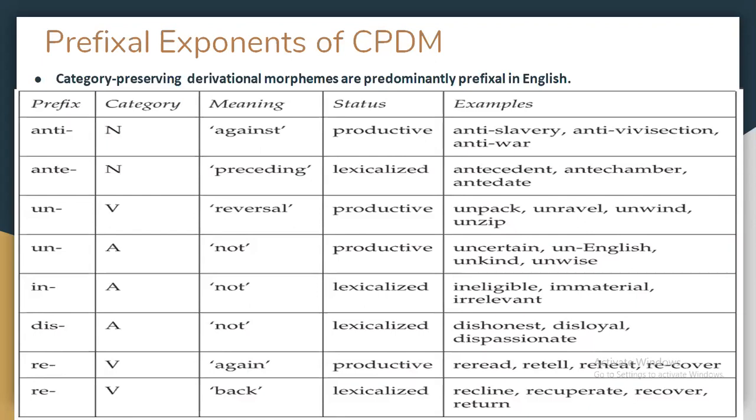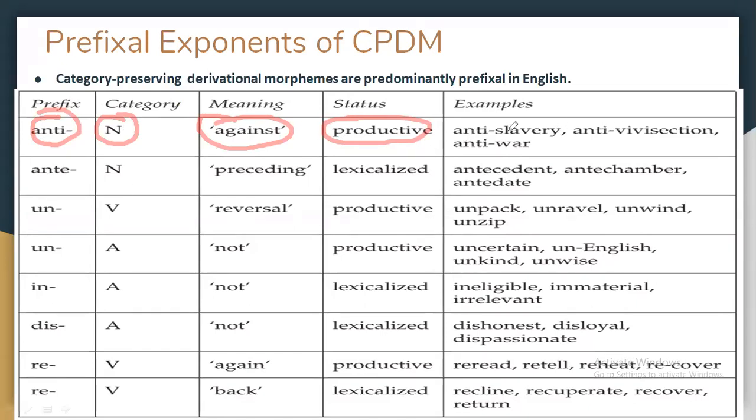So for category preserving, you can see many examples here. Okay, what is there? The category is noun, the prefix is anti, the tentative meaning is against, and the status is productive. You can produce many words. That means productive means, right? We'll come to the point about what is productive and what is non-productive later.